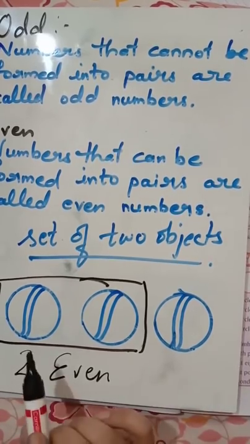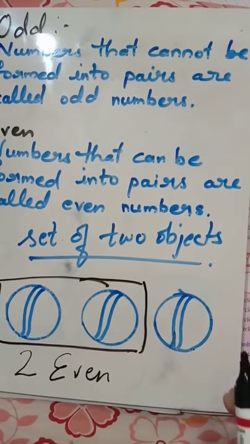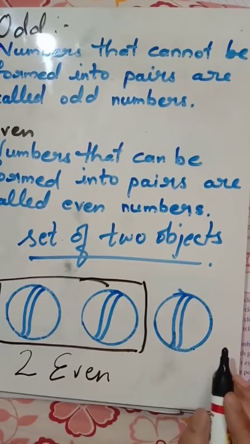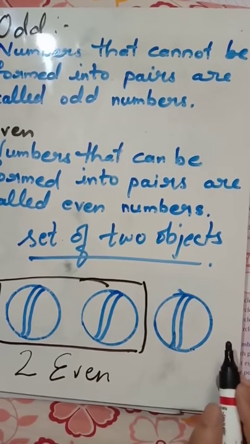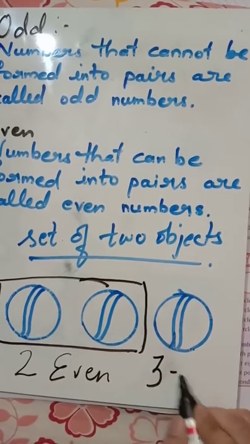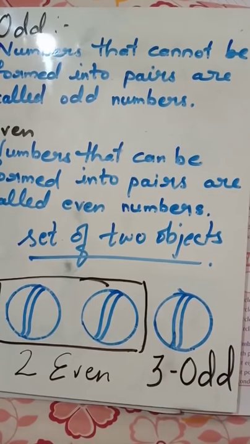So what does it mean? It means that we cannot form pairs of 3, so 3 is an odd number.